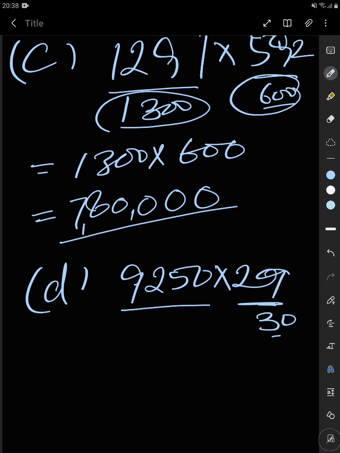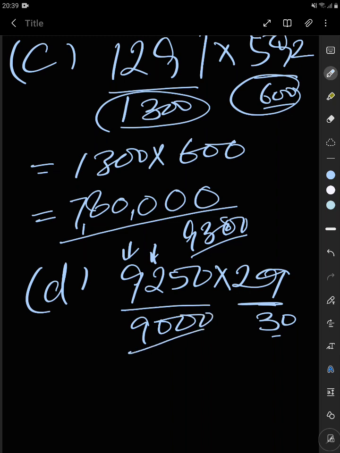I'll show you how to take the numbers, which one is better for you. For the closest estimation, if you round off this number you will get 9300, and if you round off to this number you will get 9000. In both cases you need to multiply this number by 30.